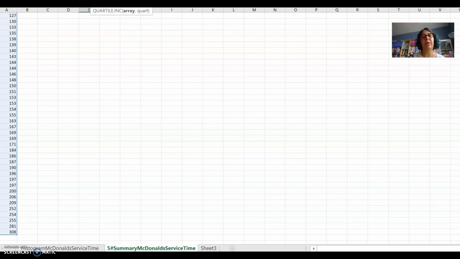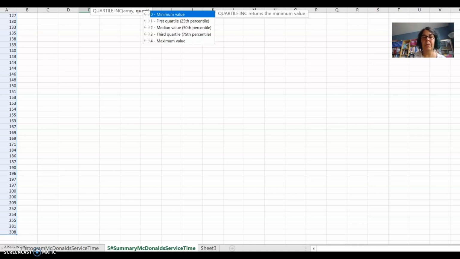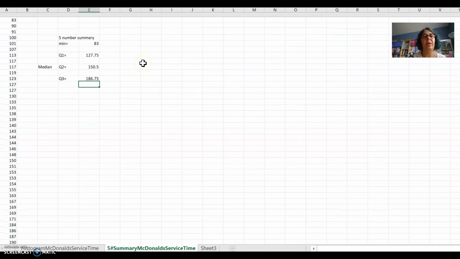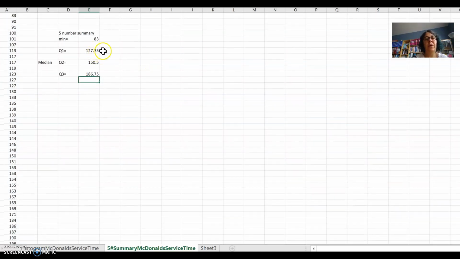As you see, I'm telling it A1 to A50. That's where my data is located, comma 3, and that's quartile 3. So median of the lower end, median of the upper end. These are the 3 components of the 5-number summary. And then we've got min there, so I need to put maximum also.